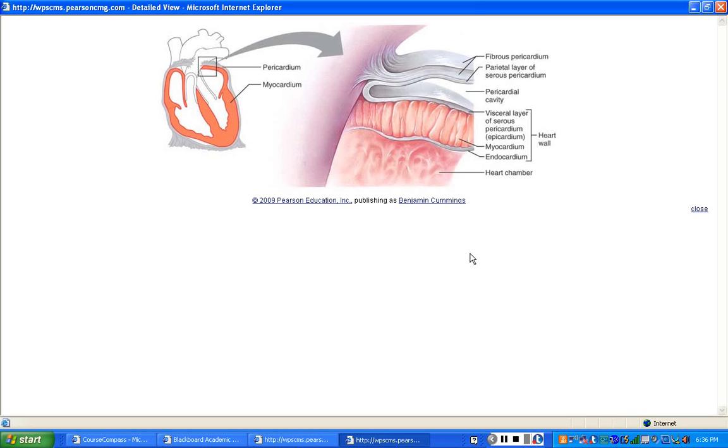So, of course, I will draw a little heart up here. Like that. And we're going to say top two atria. Draw my little ventricles right there. And I'm going to cut a chunk out of the heart right here.